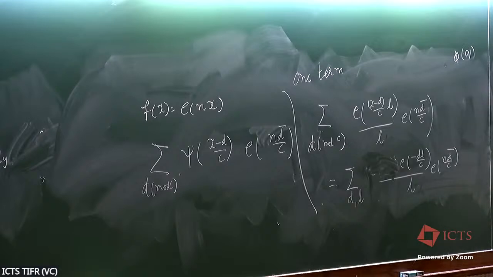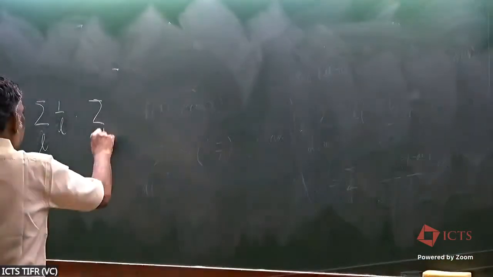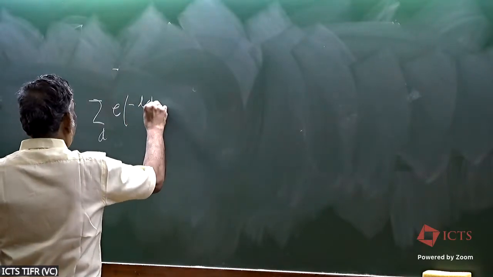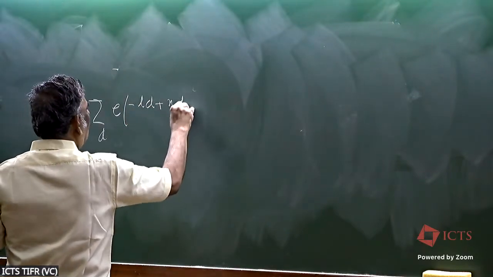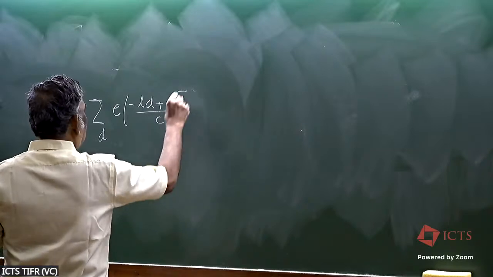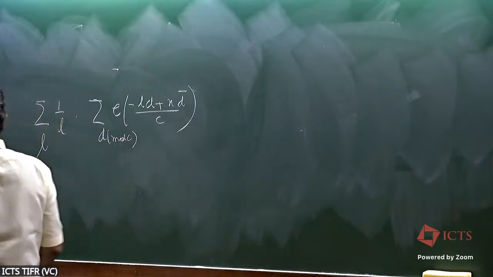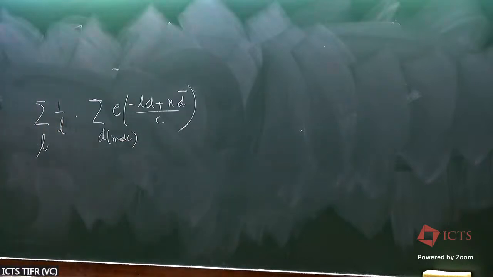A summation over l of 1 over l, summation over d of e(-(l times d plus n times d-bar)/c), with d modulo c. Okay? I've just written this part. And now you see this is a Kloosterman sum.